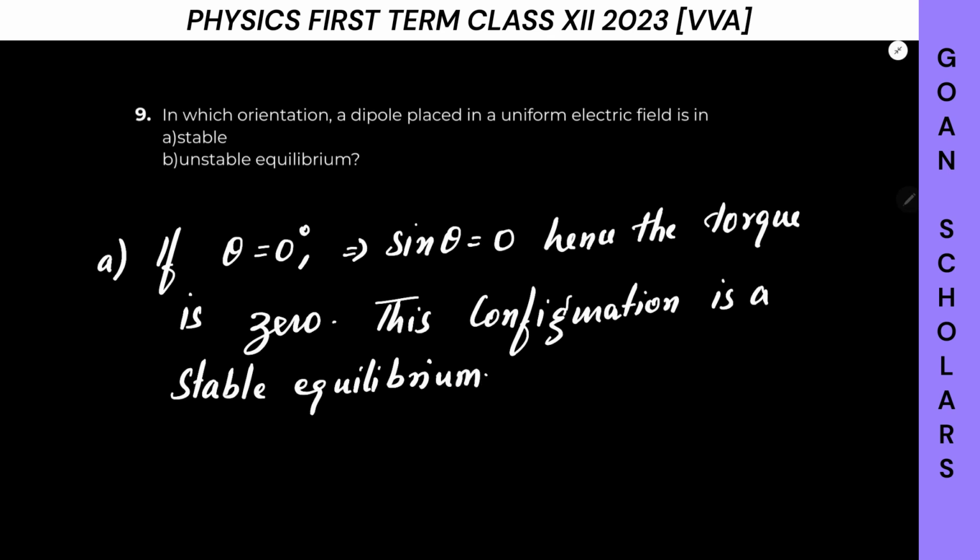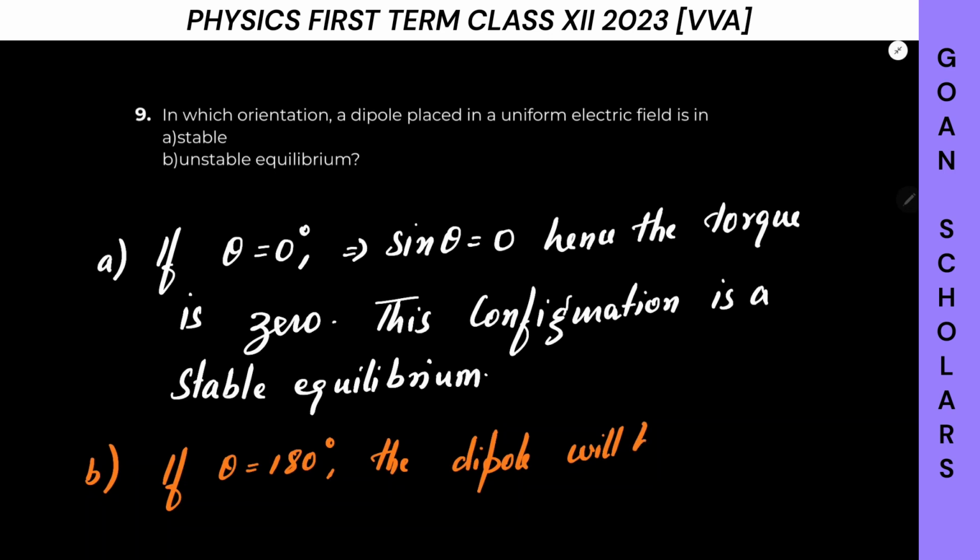The second part says unstable. So unstable is counter torque. You can say if theta is 180 degrees, in that case again sine will be 0, but it will be in the opposite direction. So if theta is 180 degrees, the dipole will be in unstable equilibrium.